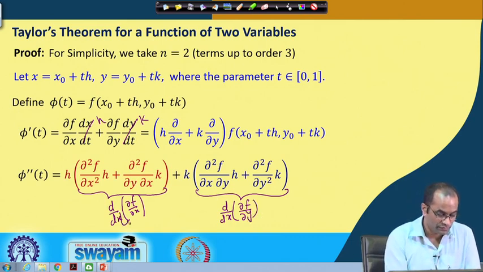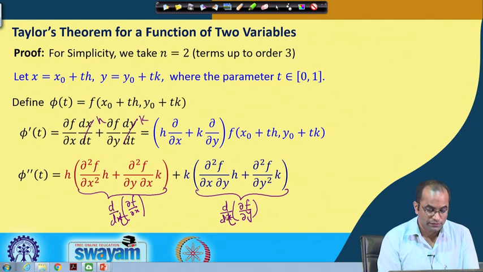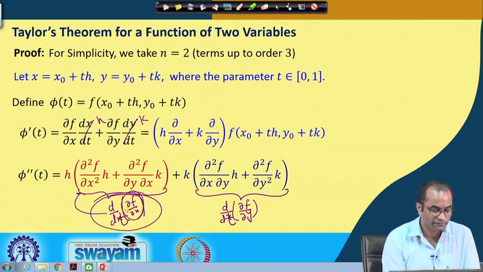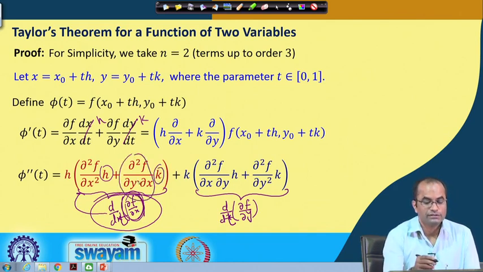So, with respect to t. Here we have used the chain rule again. So, the partial derivative with respect to x again of this, so the second order derivative, and then dx over dt, which becomes h, then the partial derivative of this with respect to y, and then dy over dt, which is k.